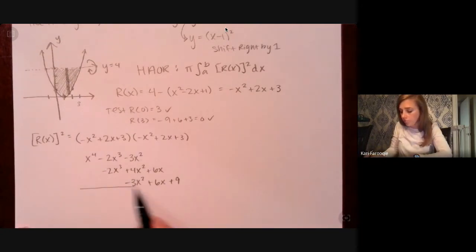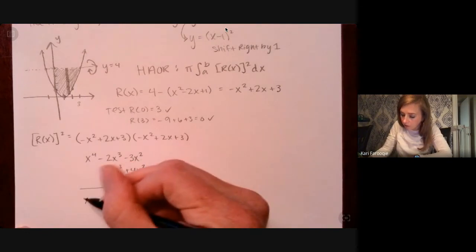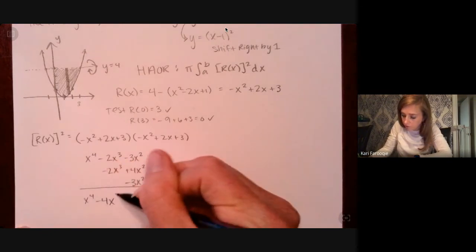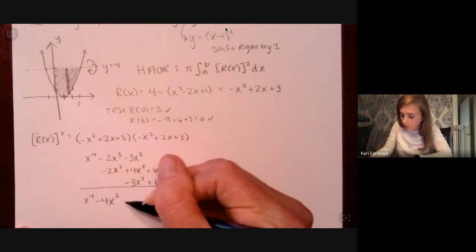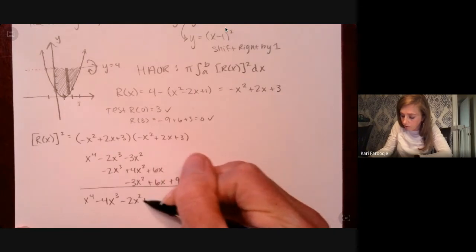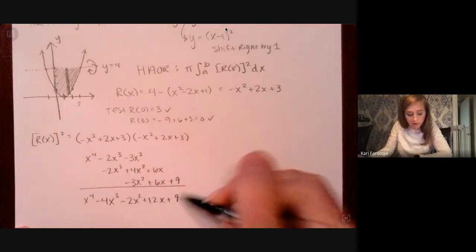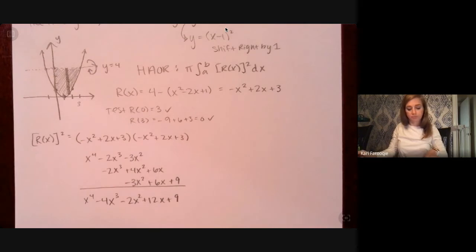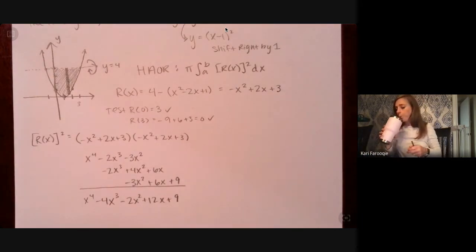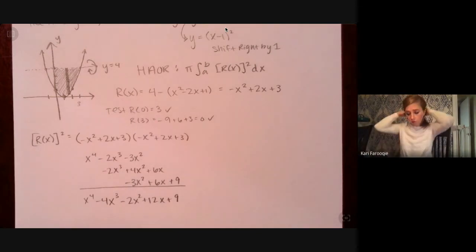We'll add them up. We'll get x to the 4th minus 4x cubed minus 2x squared plus 12x plus 9. Okay. And now we have r of x quantity squared.